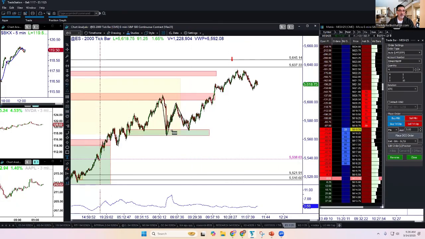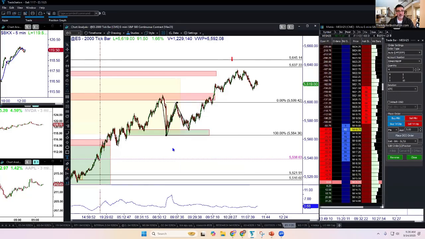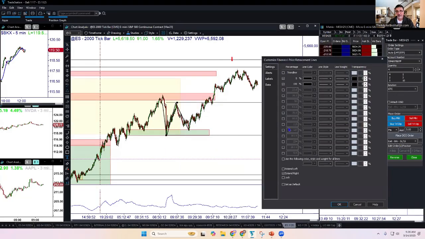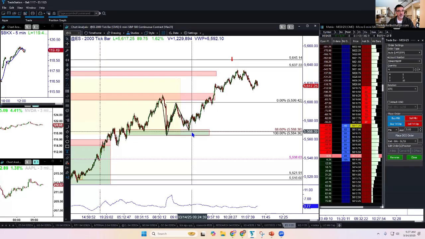Take the time and measure that. The more times that you measure these, you will start to see that 88.6% retracement comes into play. When that 88.6% retracement comes into play, locate your leg base, and the potential for a trade opportunity may come into play.